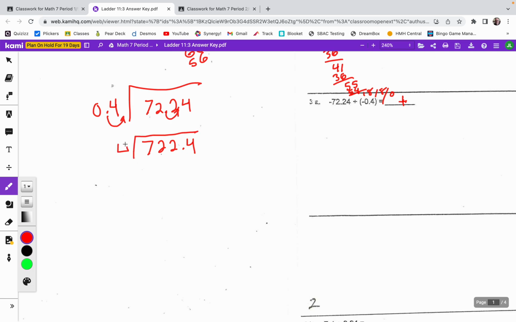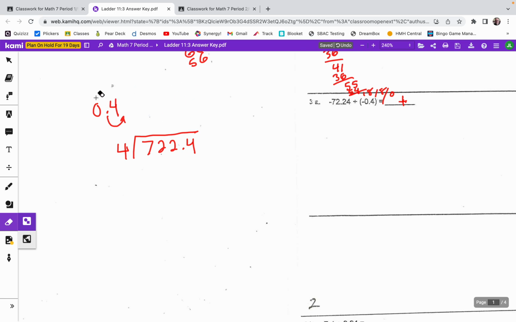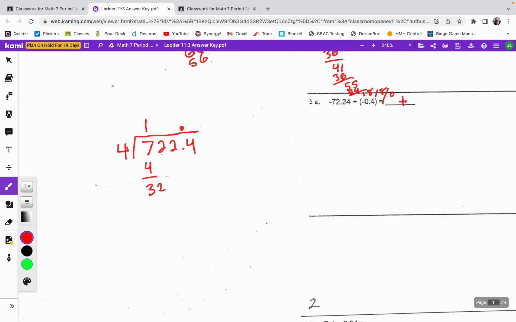divided by 4. And I'm just going to make some room here so I don't squeeze that in too much. Okay, the decimal point is going to go right there. 1 times 4 is 4. 3 left over. Here's where a lot of people miss what's going to happen next, so please pay attention. 8 times 4 is 32.